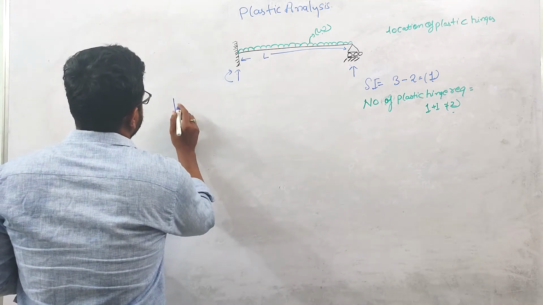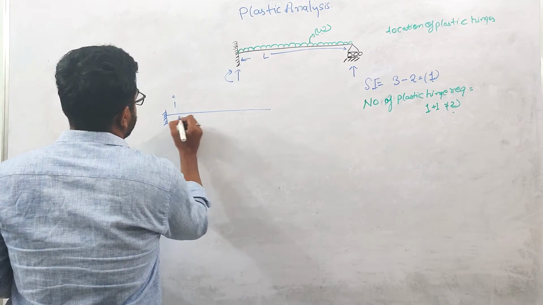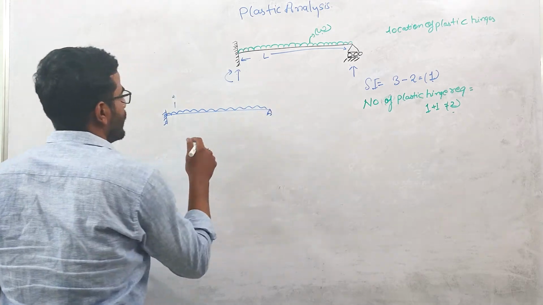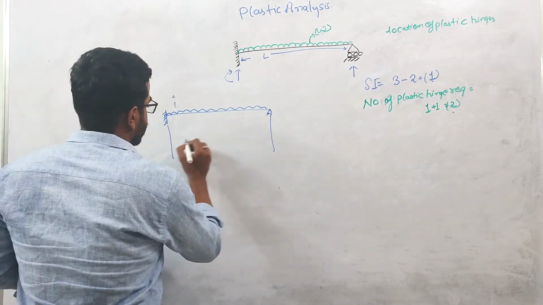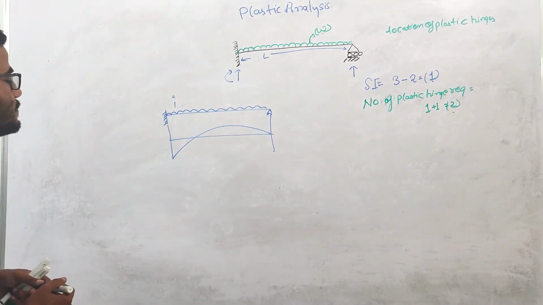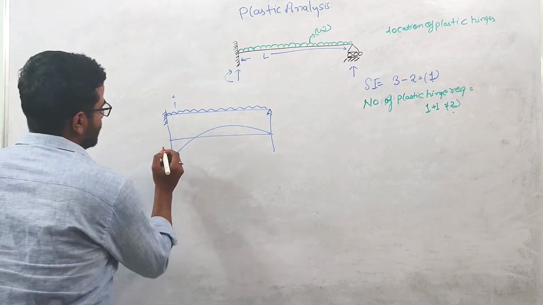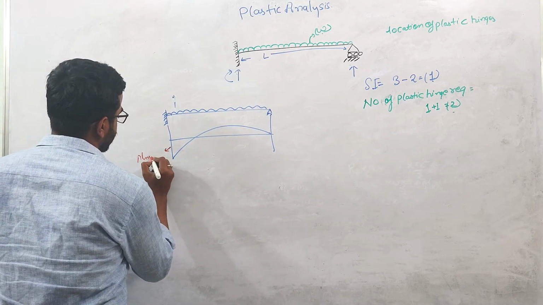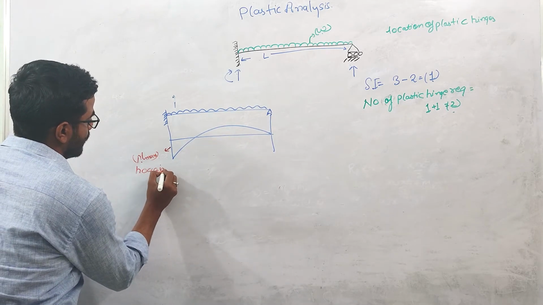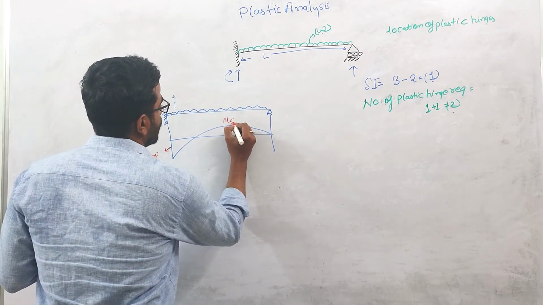We know that the bending moment diagram of this cantilever beam, which is loaded by a UDL, will look like this. The moment will be maximum at this point. This is the maximum moment, Mx, and this is hogging. And this is the maximum sagging moment.